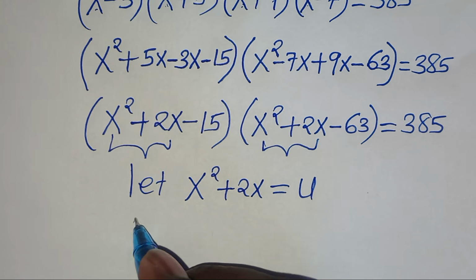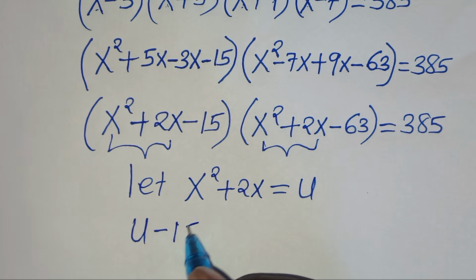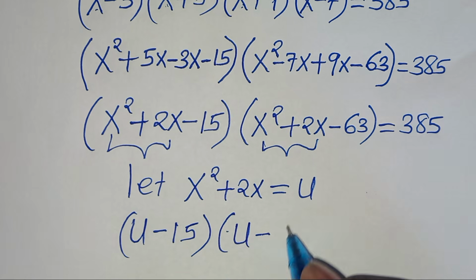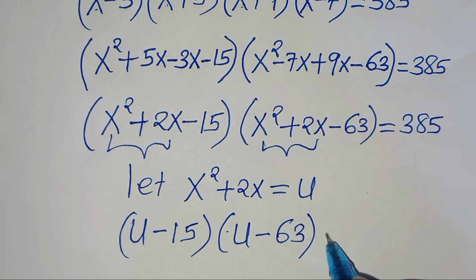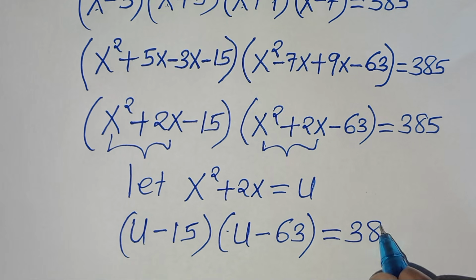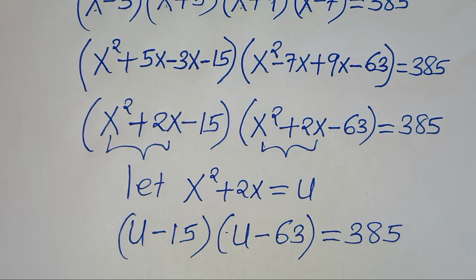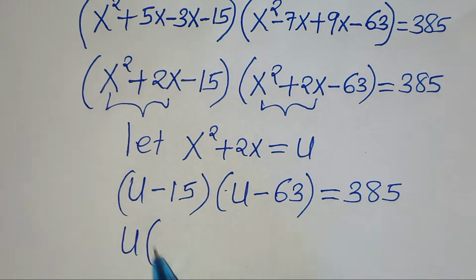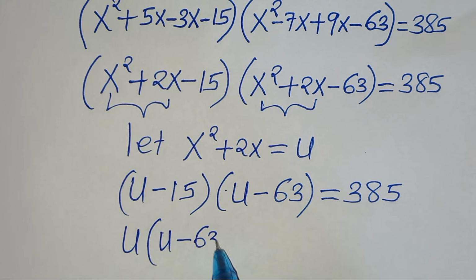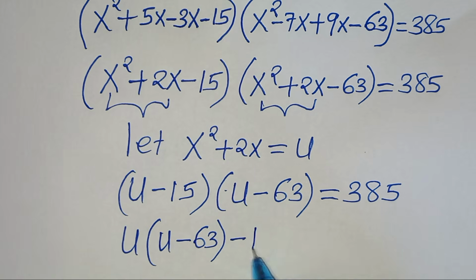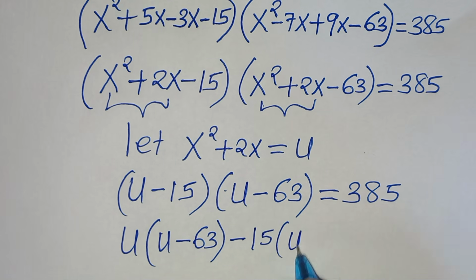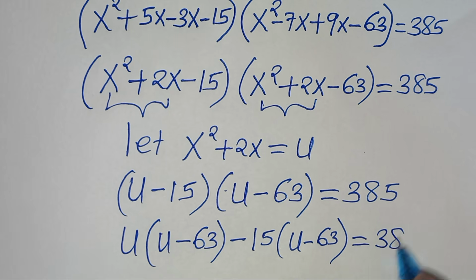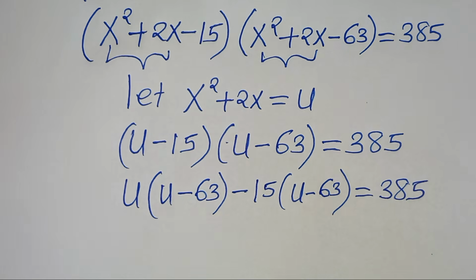So we have (u - 15) multiplied by (u - 63), this is equal to 385. Now here we have u multiplied by (u - 63) minus 15 multiplied by (u - 63), equal to 385.